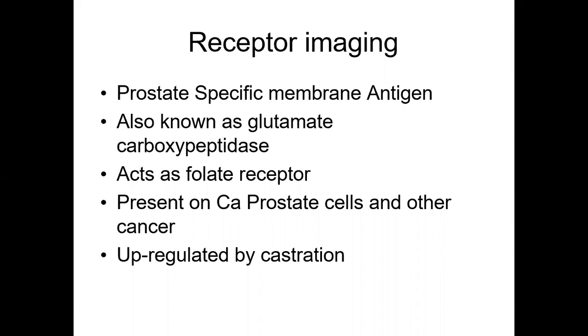However, it is present on prostate cancer in the majority of patients and in the majority of their lesions. And interestingly, when you give a chemical castration with one of these drugs, such as abiraterone or enzalutamide, then it upregulates the PSMA. So it actually makes the study more sensitive.